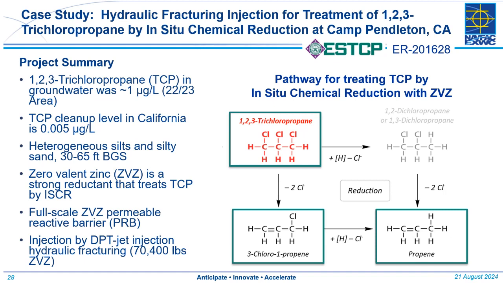The design team tested and successfully demonstrated that the trichloropropane could be completely treated with zero-valent zinc. Zero-valent zinc is a very strong reductant. It is stronger than zero-valent iron, and as shown in the graphic on the right, it can reduce trichloropropane sequentially, cleaving off the chlorines from the propane molecule.